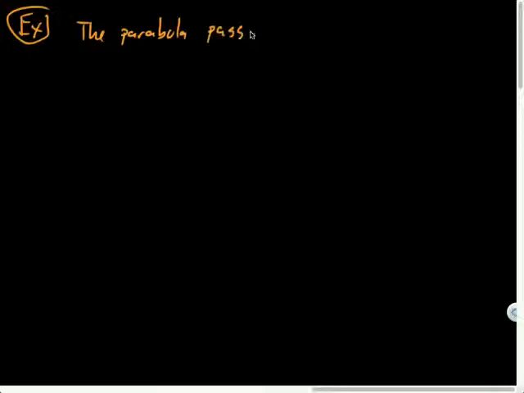So one last example. Let's do one where we have clues. Here we go. So let's say I've got, the parabola passes through a point, all right, the point, let's say 2, -1.